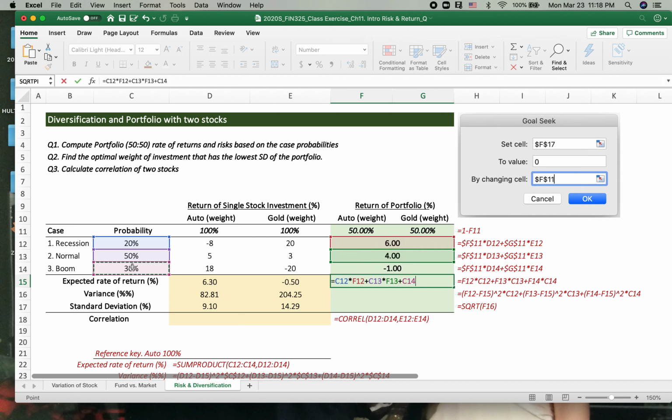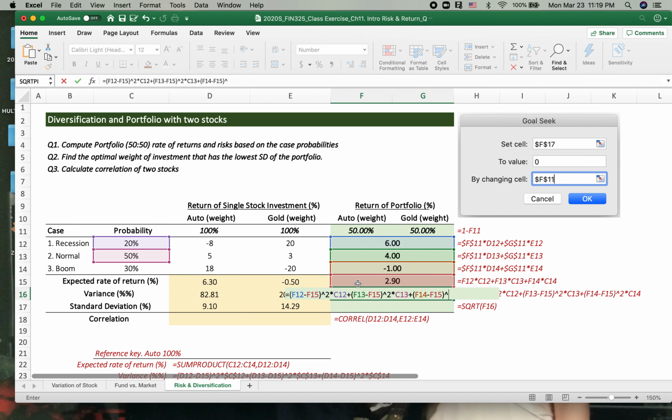Plus the distance of the normal case from the mean, to the power of 2, multiplied by the probability under the normal case, plus, one more time, the last, minus 1 minus 2.9, the distance under the boom case, to the power of 2, times the boom case probability. So the variance is now significantly reduced under the return of the portfolio.